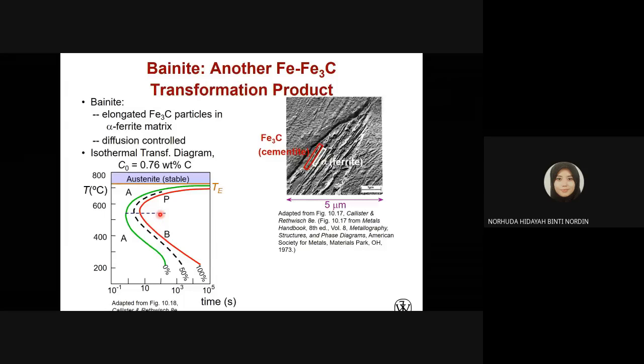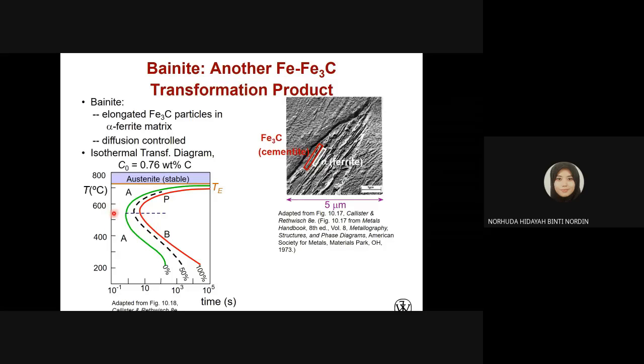What is bainite? Bainite happens if you cool your material below around 650, at this line. Your material is not pearlite anymore, it's bainite. Anything that happens in this region is bainite.